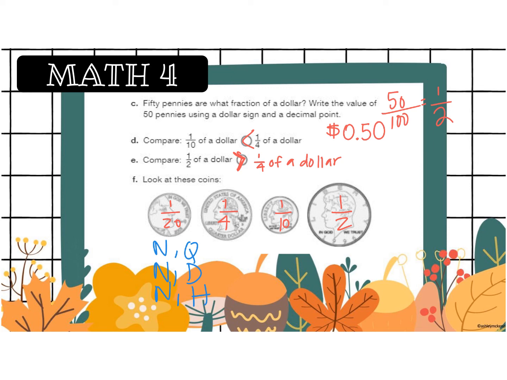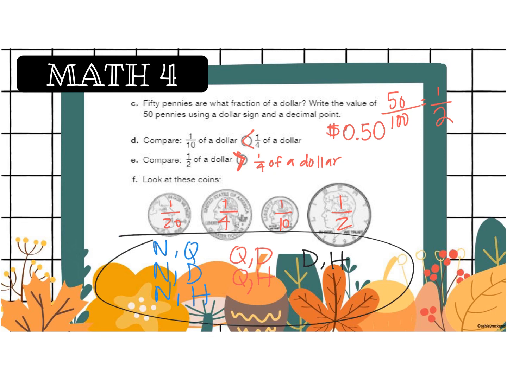Okay, what else could I do? I could do the quarter and the dime, the quarter and the half dollar. I've already got quarter and nickel, so I can't do that again. What's my only other option left? The dime and the half dollar. Good. So these right here are my 6 options, 6 different combinations for pairing all of these coins together.